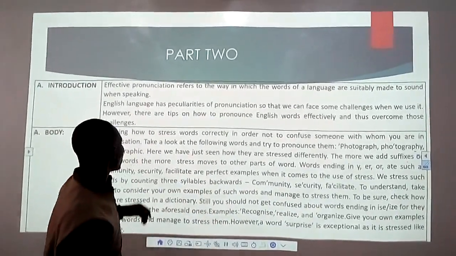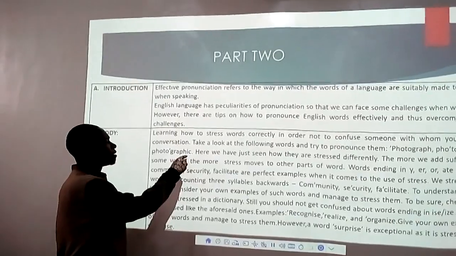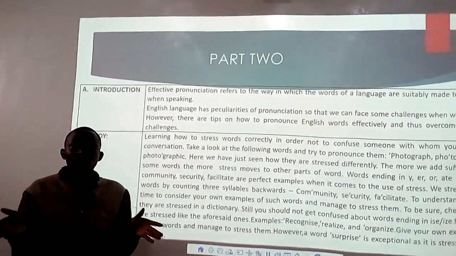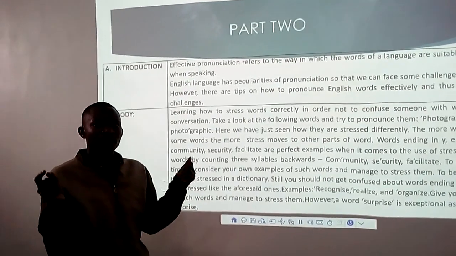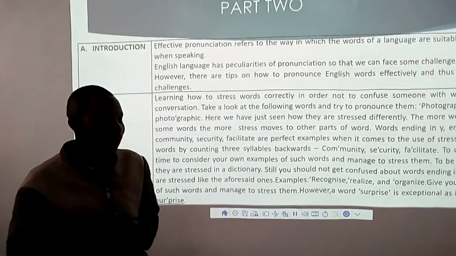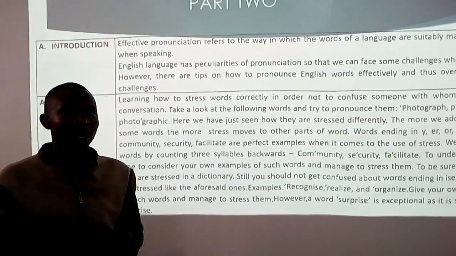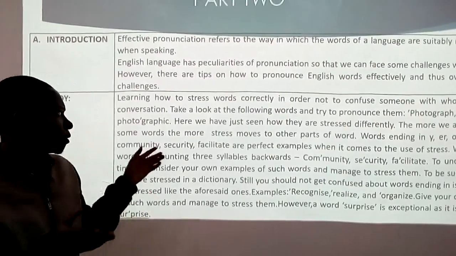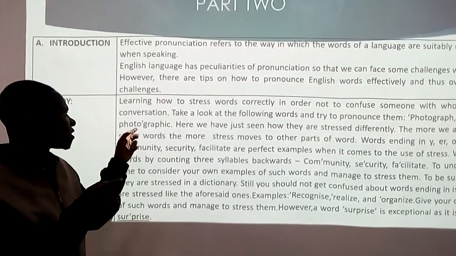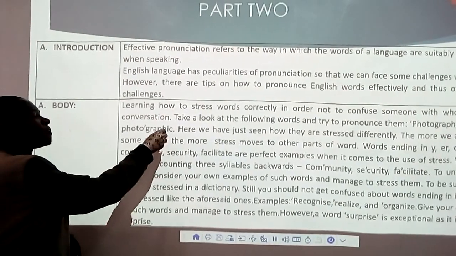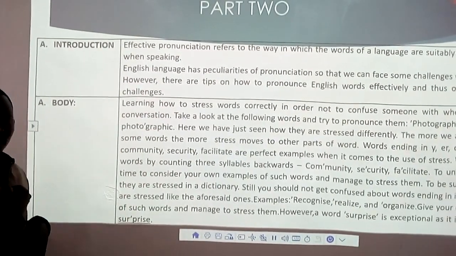Next, you see words ending in IC, like here, and you can give your own examples of words sounding like this. Okay. For example, geographic, economic, academic, mathematics. Even that is the same as this, okay? You count 2 syllables backwards.